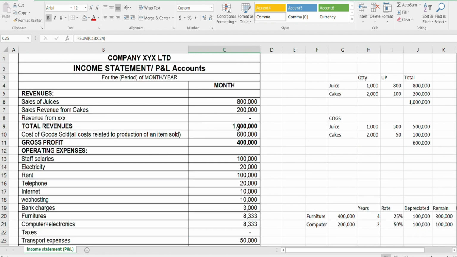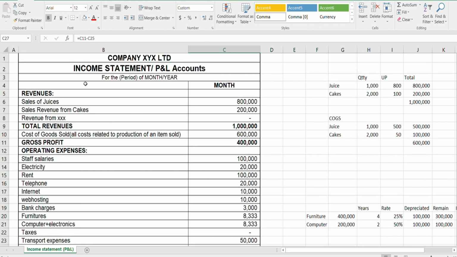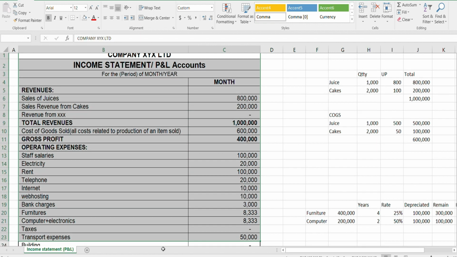By taking total revenue minus cost of goods sold, you get a gross profit. Then you subtract the running or operating expenses, you get the total running expenses. By deducting all of them, you realize a net profit or net income. Then this is your income statement.